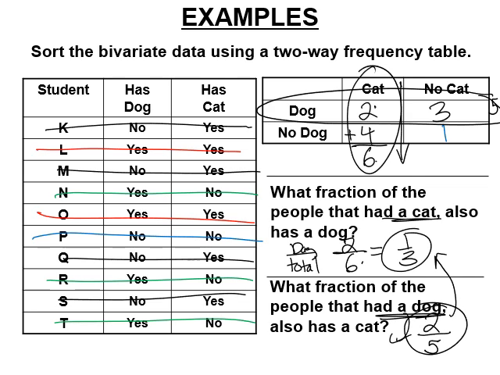Of the 5 dog owners, 2 out of 5, which is 4 out of 10, or 40% of them, also had a cat. But the cat owners, only 2 of them had a dog, which is 1/3, or around 33%. Cat owners were less likely to have a dog than dog owners were to have a cat. And that's what this is all about, those kinds of questions.